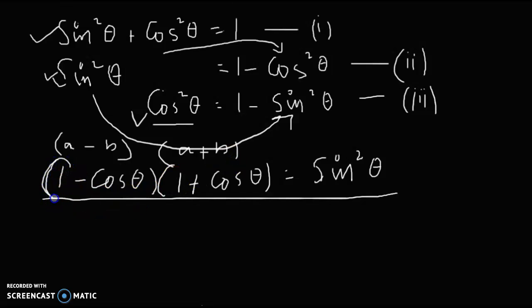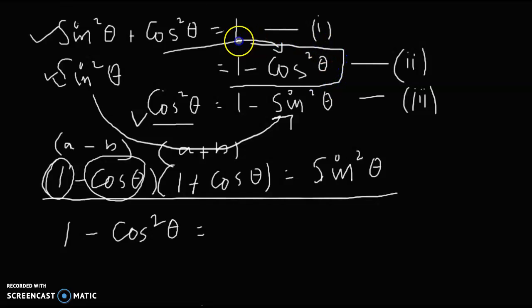That is this square, 1 square, which is 1, minus this square, so that will be cos square. Now we know that 1 minus cos square theta is equal to sine square theta. So we just put the value here.